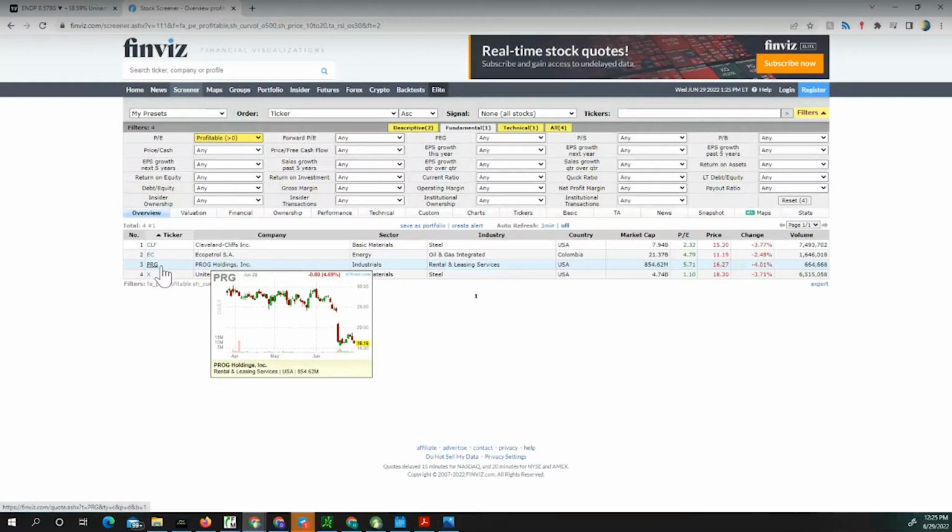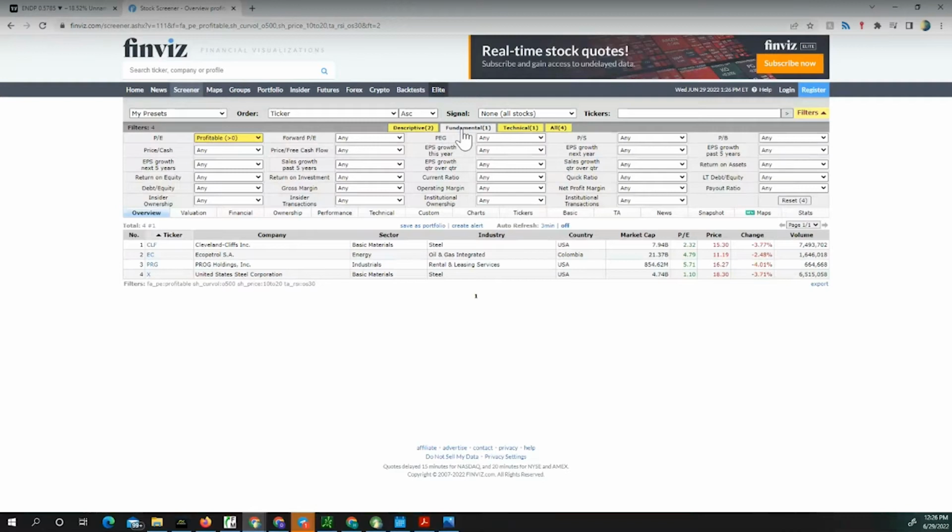So like I said, there's two types of analysis you can do on a stock. One of them is the fundamental analysis, where you try and look at the company's performance in terms of their books or their numbers. You want to look at their balance sheets, their cash flow statements, their price to earnings ratio, their sales and revenue, and the likes. So under FinViz, there's this tab called fundamental.